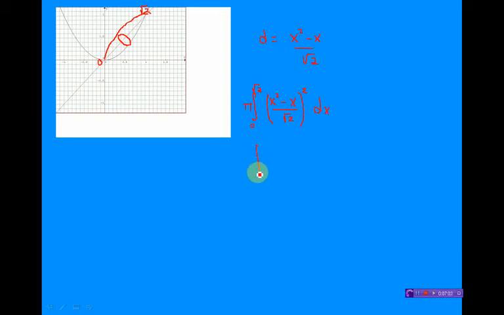Well, I can rewrite this integral from 0 to square root of 2. When I multiply the 2 on the bottom by itself, the square root of 2 times the square root of 2, it ends up just being pi over 2. And the top portion of this is a square, so it's just going to be x to the 4th minus 2 times the middle term, which is x to the 3rd, plus the end term, which is x squared, all dx.